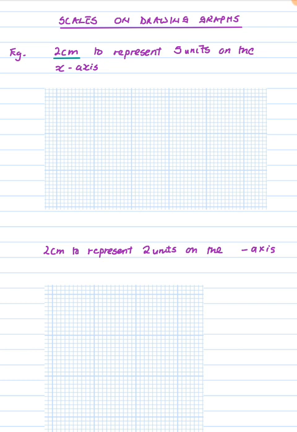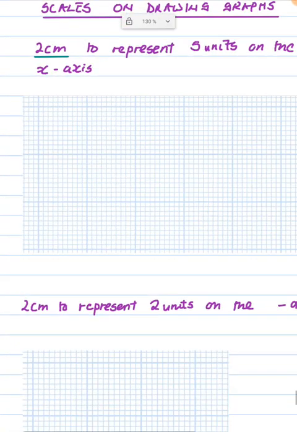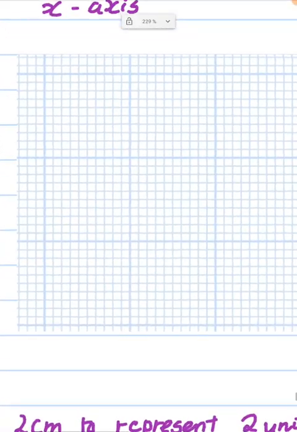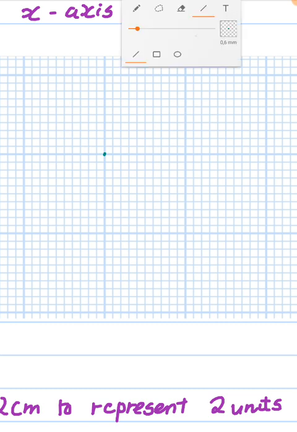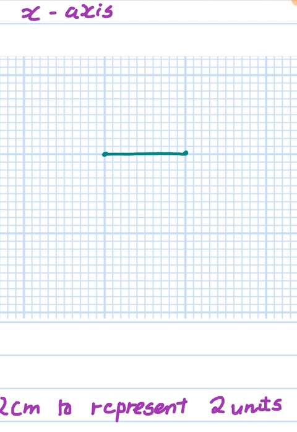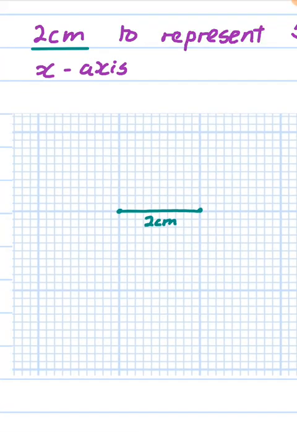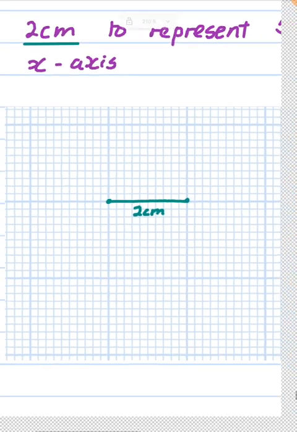If we take our graph and look at it, let's say from this point to the next point, there are 2 points. So if we draw a line from that point to that point, here we have exactly 2 centimeters, right?